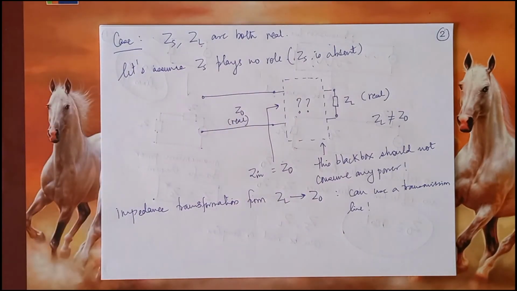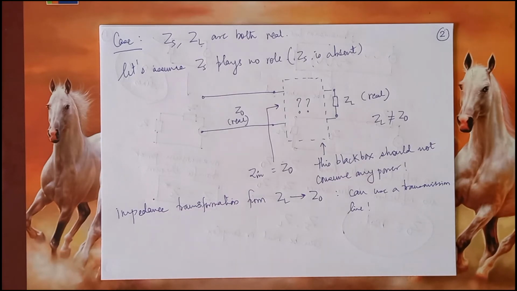Can use a transmission line. So we can say that since we want to transform impedances, we know that transmission lines have this impedance transformation property, and we have seen the mathematical equivalent, which is the impedance transformation relationship.